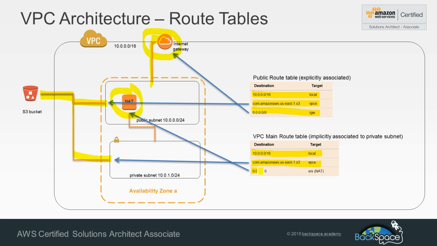What's different here is that traffic going out to the wider internet goes through to the elastic network interface of our NAT. So our private subnet is connecting in to the elastic network interface of our NAT, and that NAT will be connecting through our public subnet out through to our internet gateway.